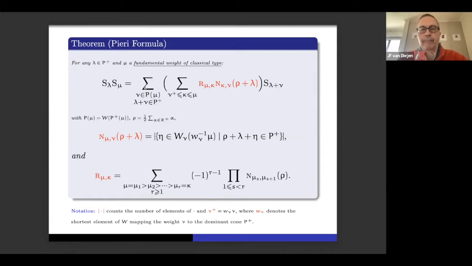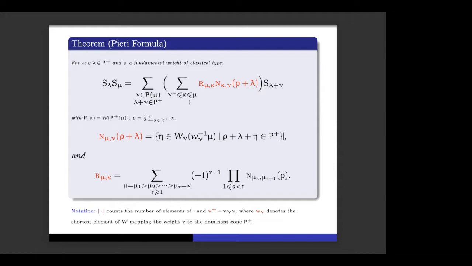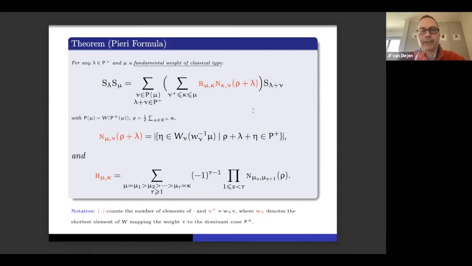Usually if you use the Brauer-Klimyk rule, you sum over a larger set, and then you have to reflect back to the dominant cone using shifted reflection relations. And that means that you have to do a lot of computations before you actually get the multiplicity as a result.